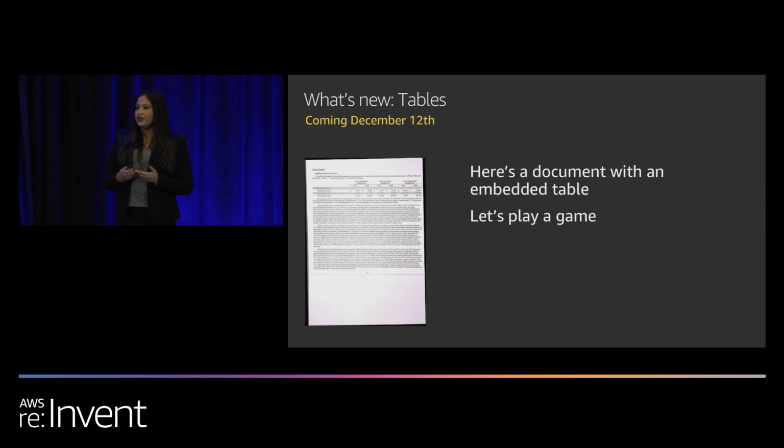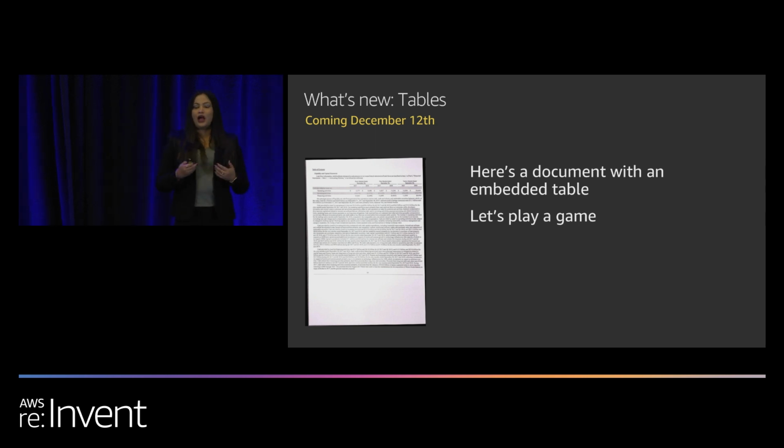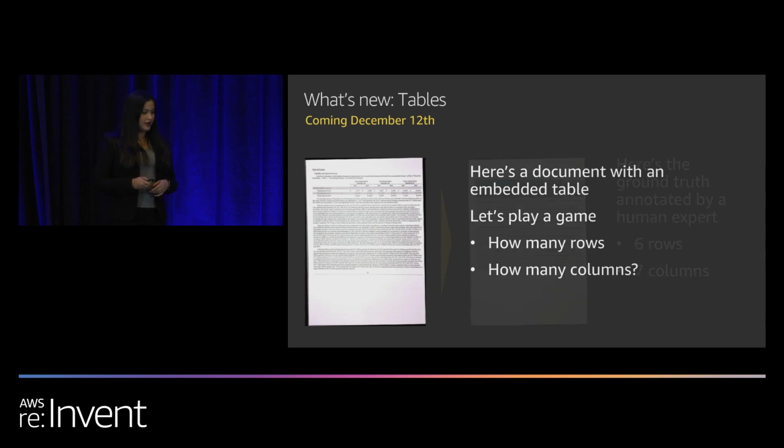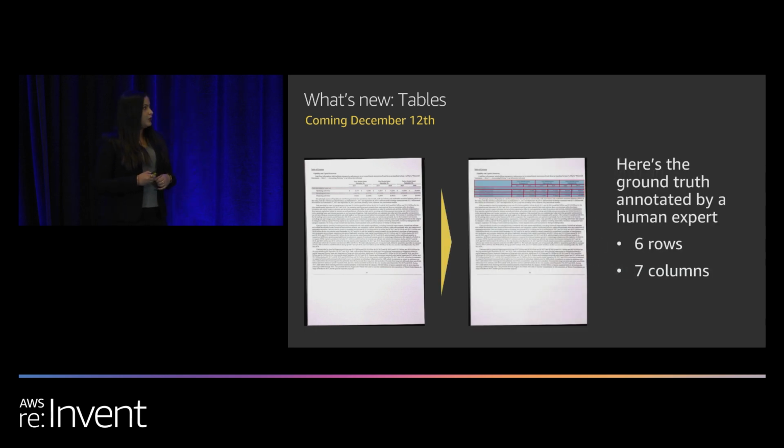First of all, the scan isn't perfect, the boundaries are not obvious, and before we evaluate how Textract does on this output, let's first think about how we would label this table. So a human being would label this table to have 6 rows and 7 columns.